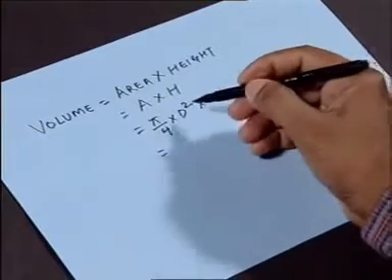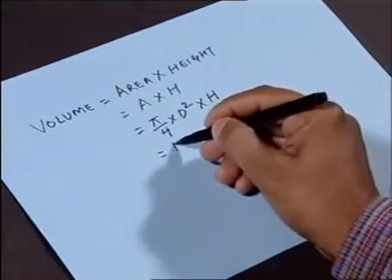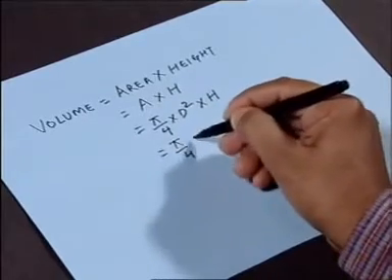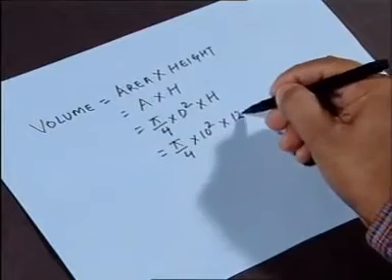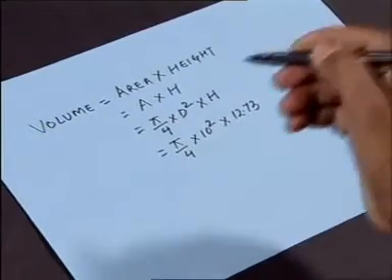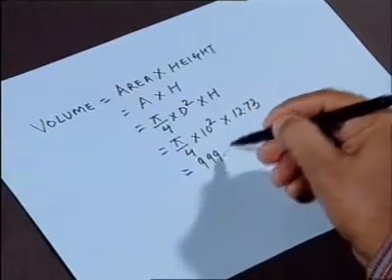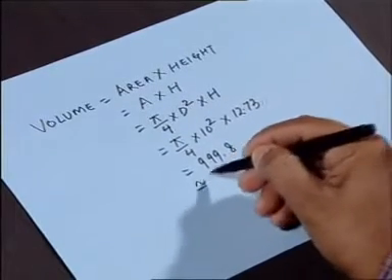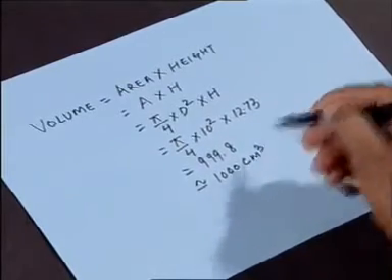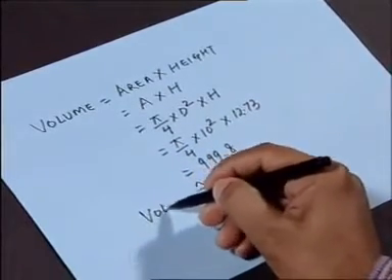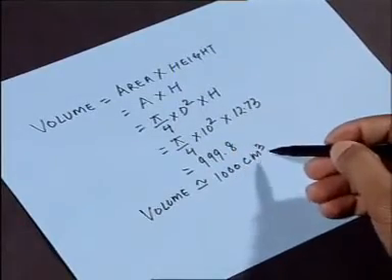By putting the values of diameter and height of the compaction mold, this comes out to be, so volume of the compaction mold is 1000 centimeter cube.